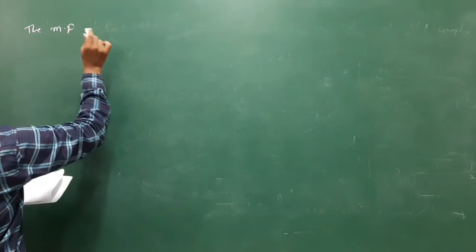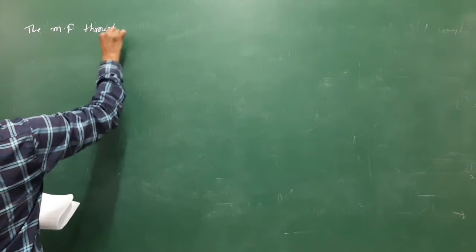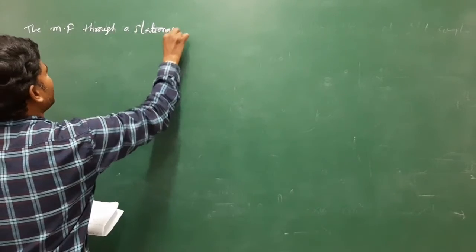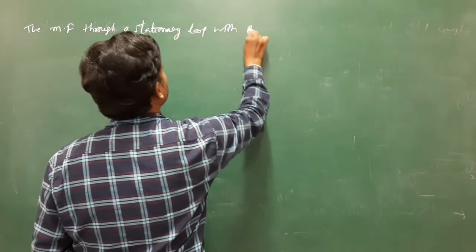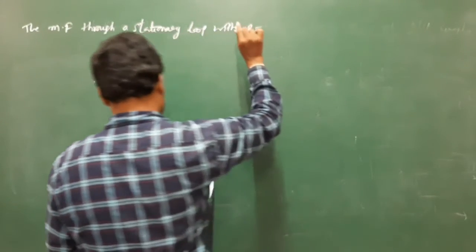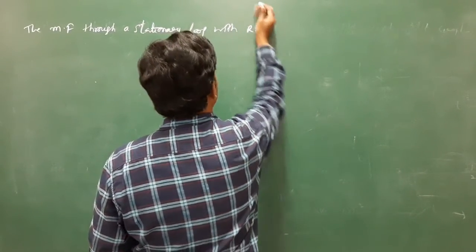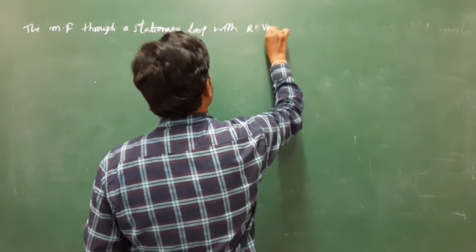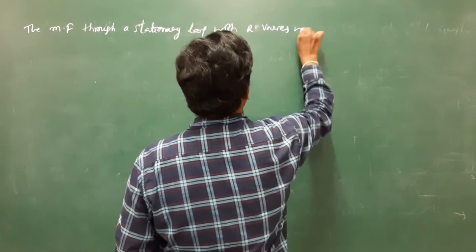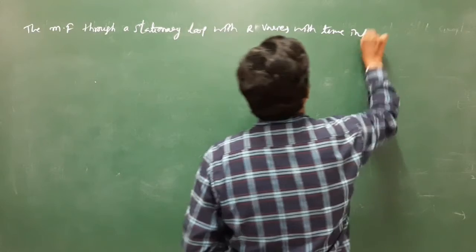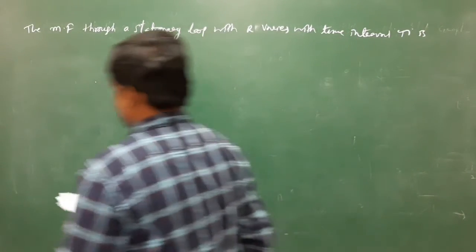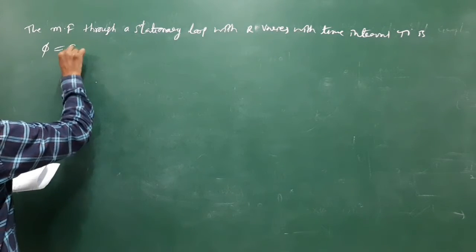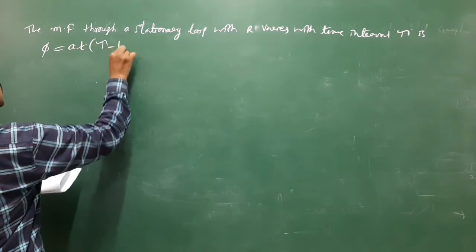So write down. The magnetic flux through a stationary loop with resistance R varies with time interval tau, and is given as phi equals a t tau minus t.